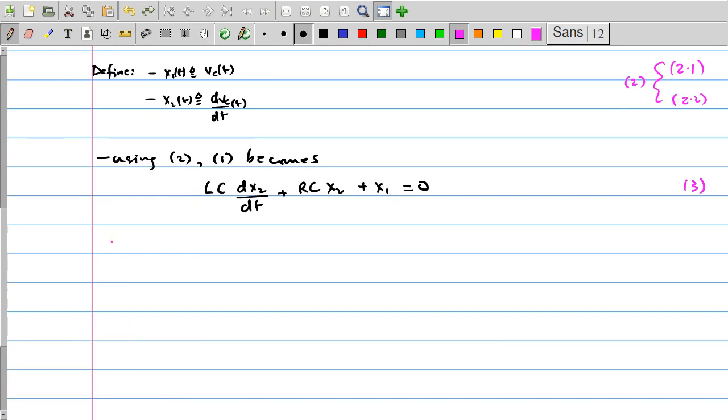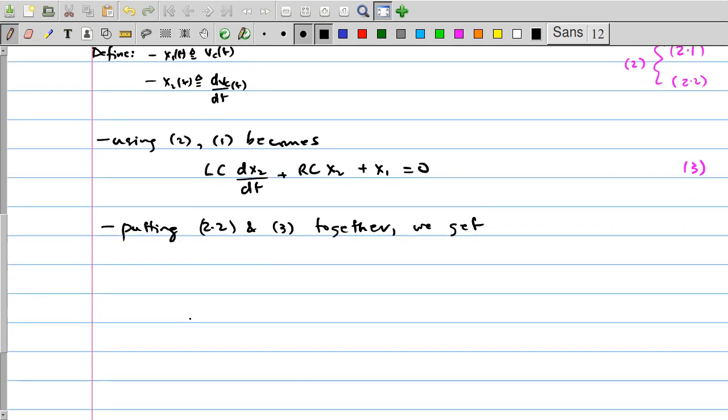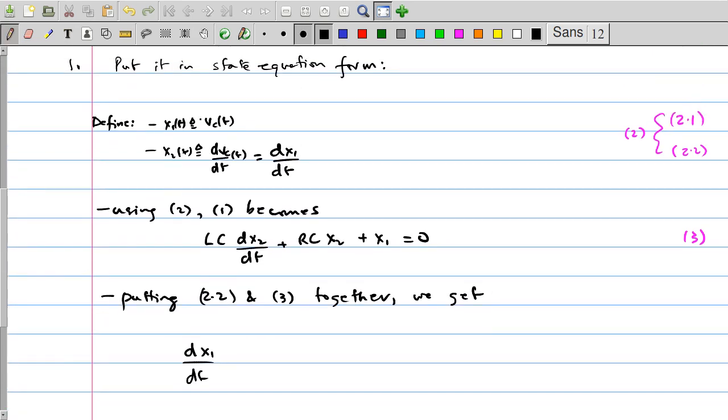So putting 2.2 and 3 together, we get, what was 2.2? dVc by dt, dx1 by dt, because recall that Vc was equal to x1, so dVc by dt is dx1 by dt, right?